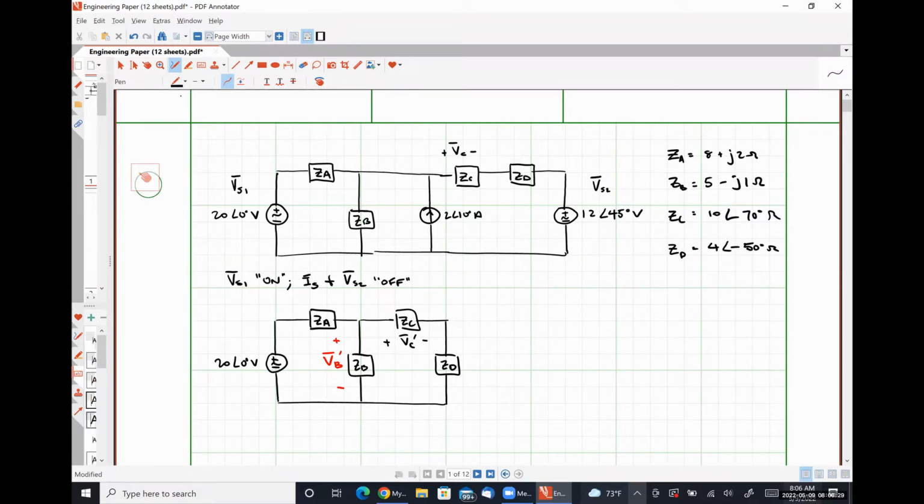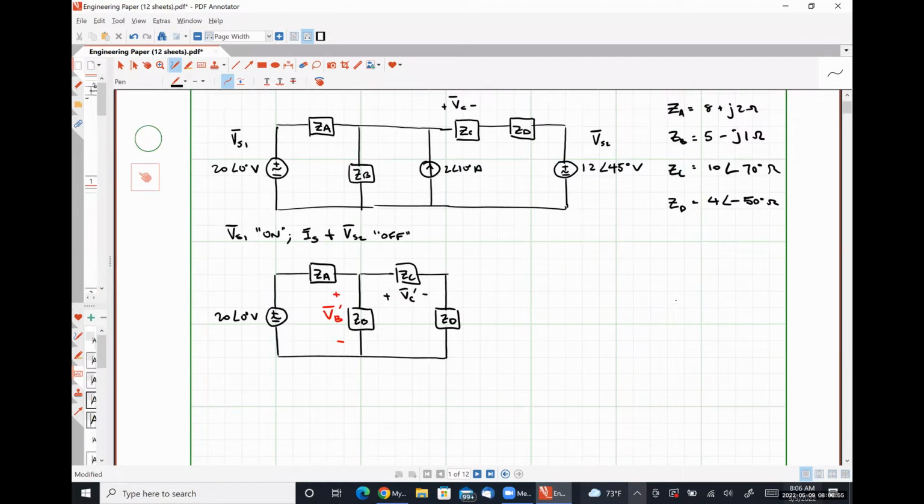So how many of you feel like we could figure out what that voltage VB prime is using voltage division? Yeah, so VB prime would just be the voltage drop over impedance ZB in parallel with the series combination of ZC and ZD. Well, VC prime can be determined by applying voltage division once we know what VB prime is, right?